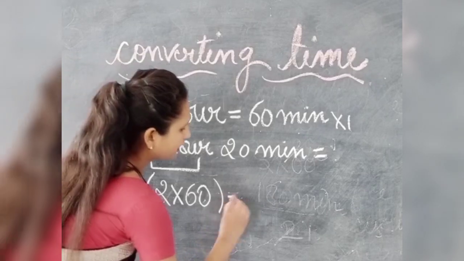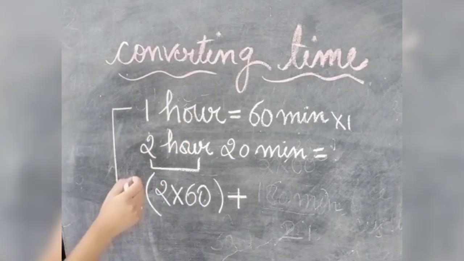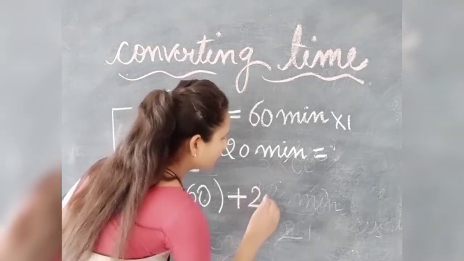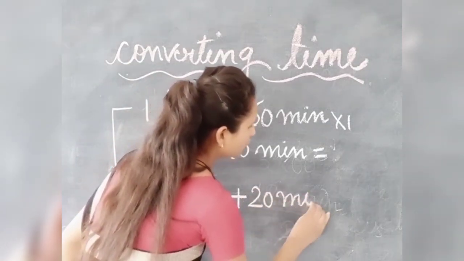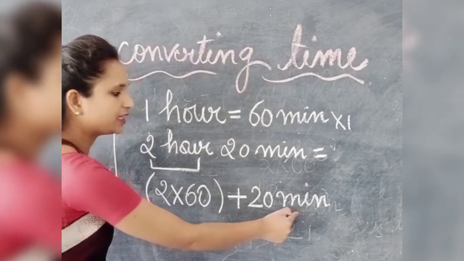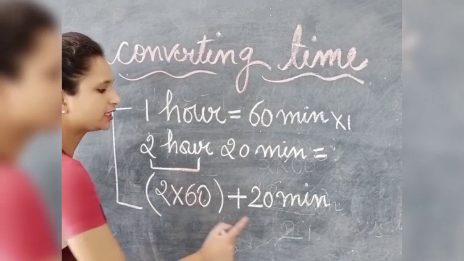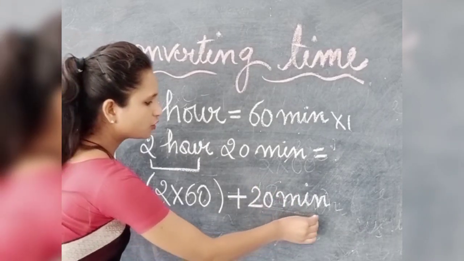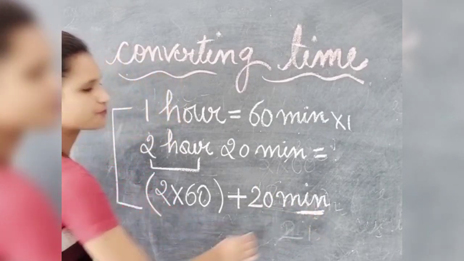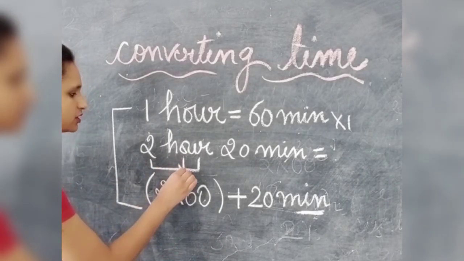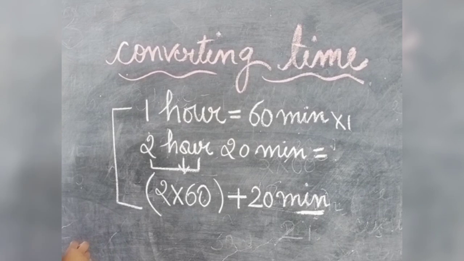Now put the sign of plus here and write 20 minutes. You will not convert this because it is already in minutes. Please keep it in mind that you will not touch this because it is already in minutes. You will only convert hours into minutes.